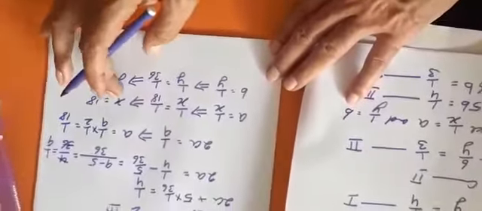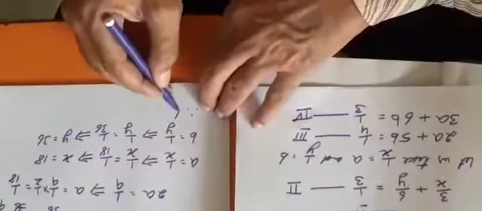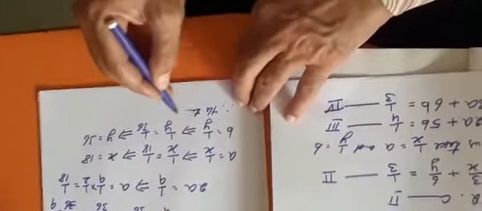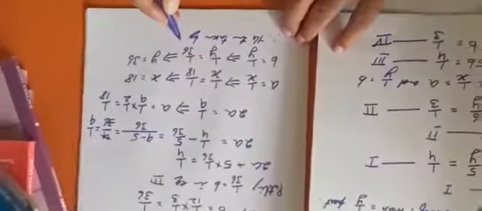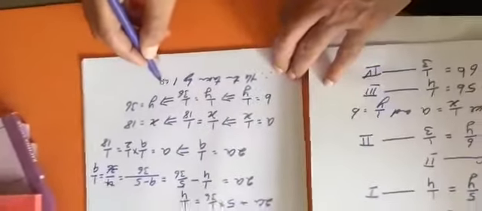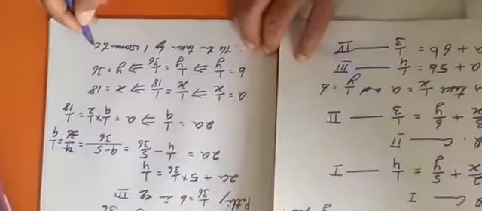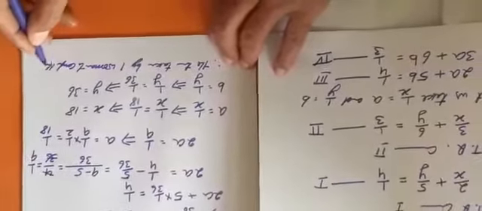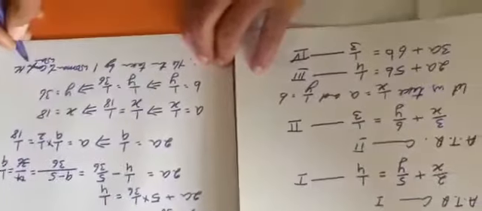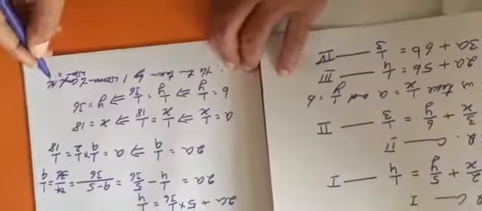Therefore, x is what? X is the time taken by one woman to complete the embroidery. Therefore, the time taken by one woman to complete the work is equal to x.